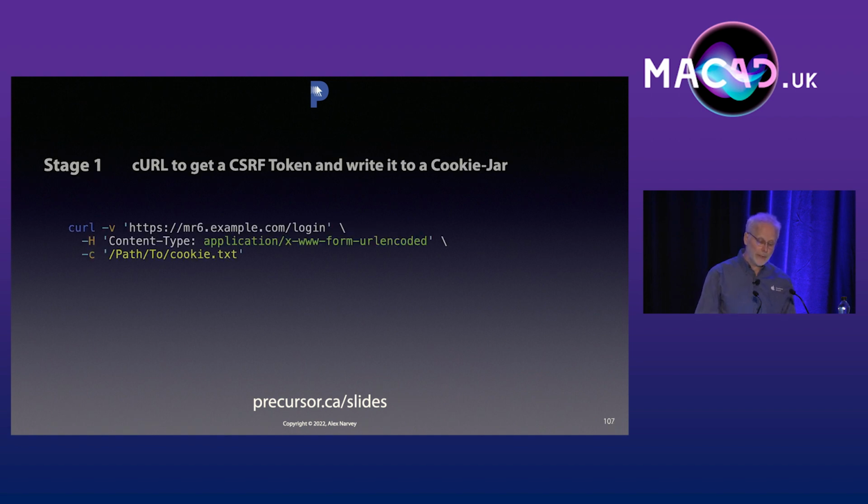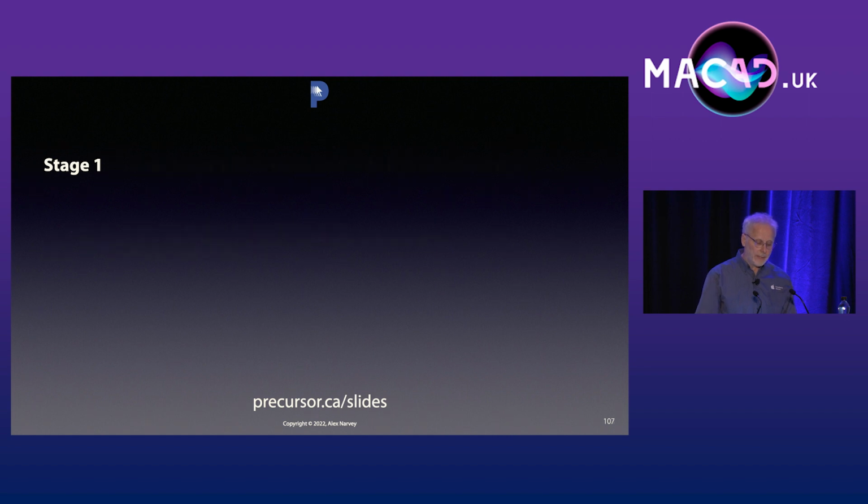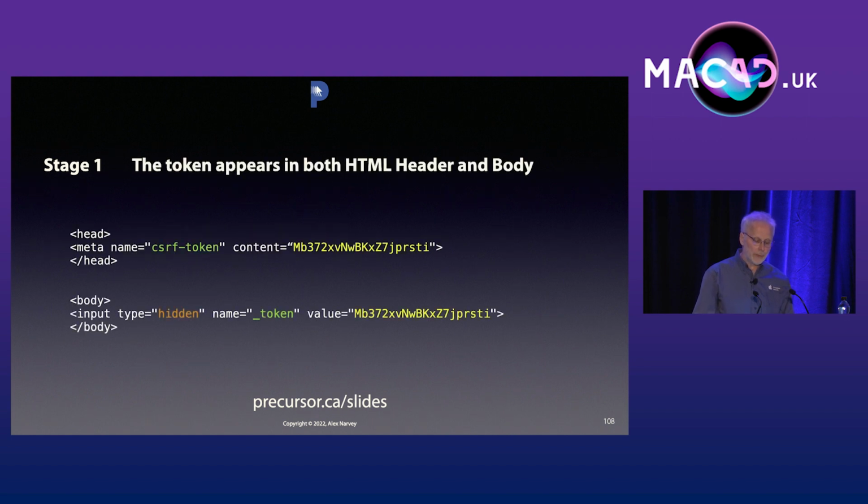Stage 1 is to get a cross-site request forgery token from the login web page and capture the cookie in a cookie jar variable. That cookie variable will have a session token in it. The CSRF token will appear in both the returned HTML web page's meta tag in the head section of the web page, and it also appears as a hidden input field called _token in the body of the HTML.